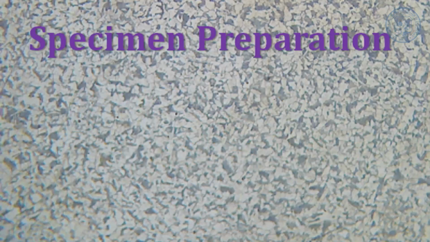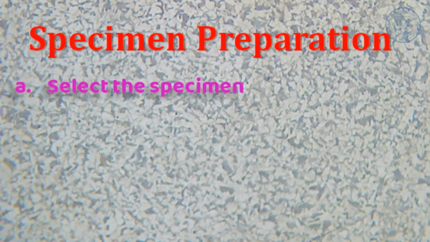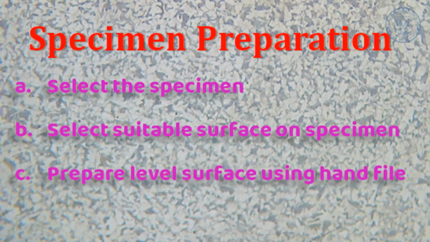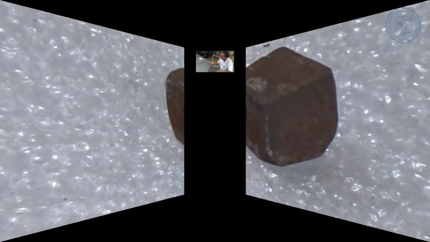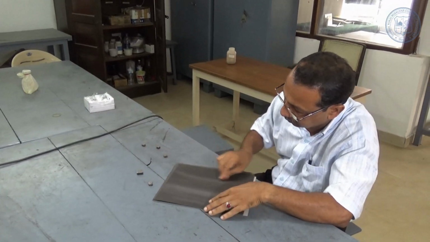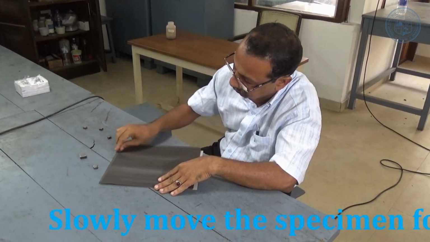The technique of preparing a test specimen can be divided into 2 groups, grinding and polishing. First, we have to select the specimen, select a suitable surface, and using a simple hand file, you can prepare a level surface. The hand lapping includes 5 or 6 graded abrasive papers to produce a sequentially finer surface finish.